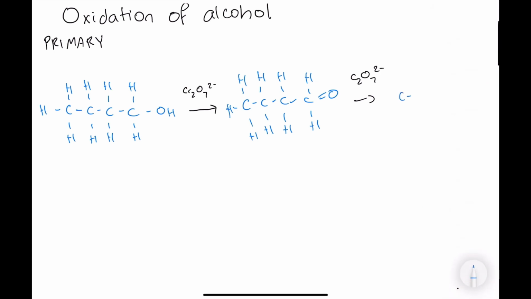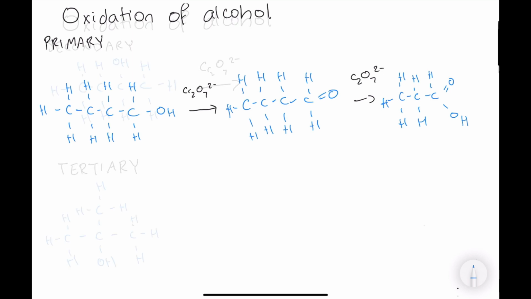So then it becomes like so. Then it becomes butanoic acid. And this is the extent a primary alcohol gets oxidized to.